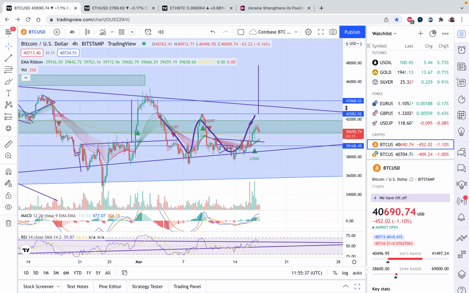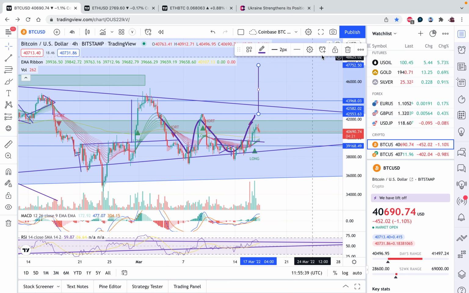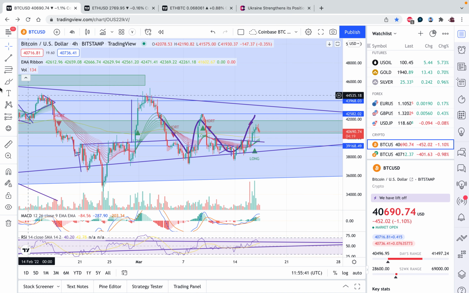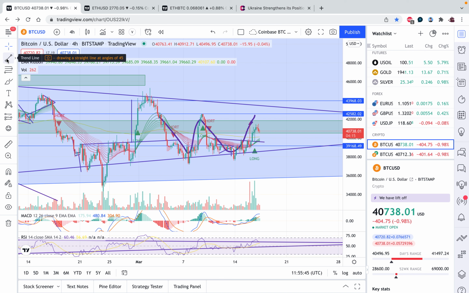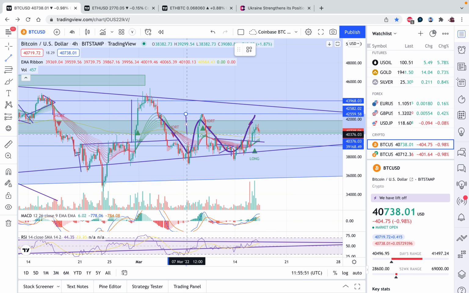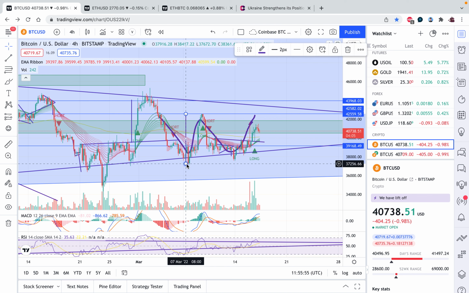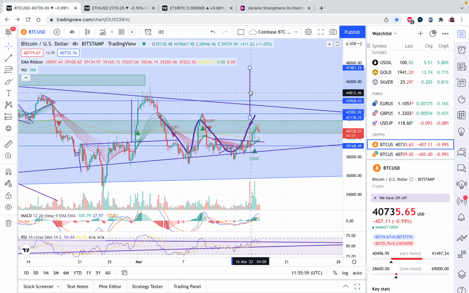But if you want to know how it works within TA, how we measure the targets on those patterns, I'll show you right away. This is a trend line. We are drawing it from the neckline here to the lowest bottom, and then we can drag this to the neckline where the breakout is supposed to be.